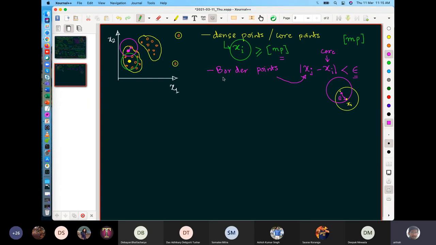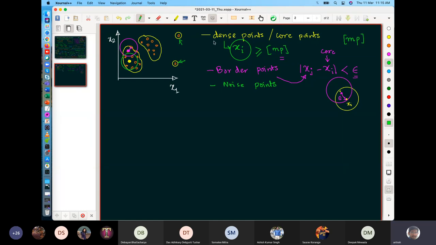Apart from these two kinds of points, which are dense or core and border, all other points, that is the outliers like this, I call noise points. This is as per definition, because I can just define it this way, but we need an algorithm to go through these points and make the clusters ultimately. That's the role of clustering or unsupervised learning.